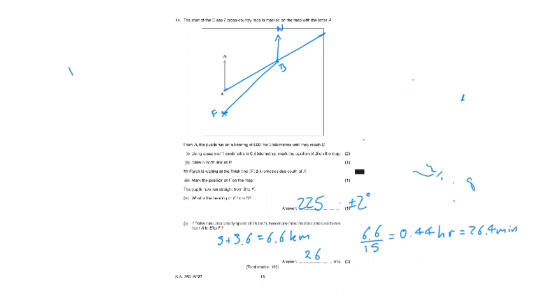I just want to add in what the mark scheme says, because obviously I've done this not to scale, so I thought it would just be useful just to add in what the mark scheme says for this. So you get 215 to 218. So actually mine wouldn't have been accurate enough. So 215 to 218, anywhere in that range would get you the marks.